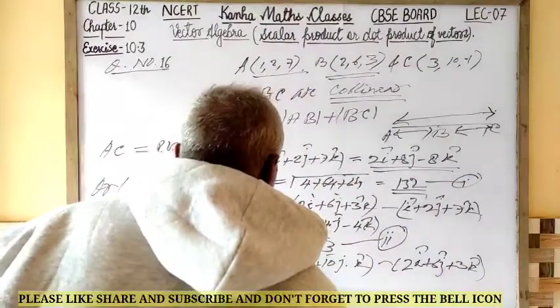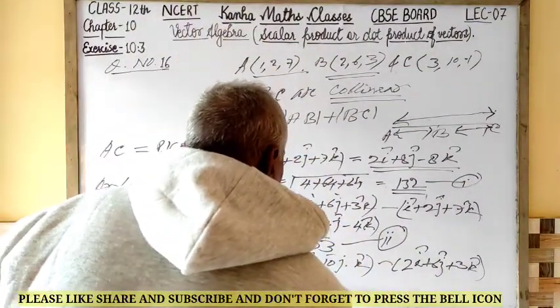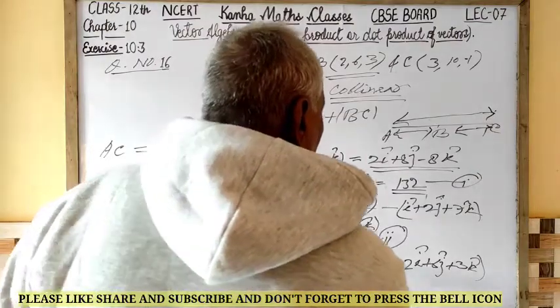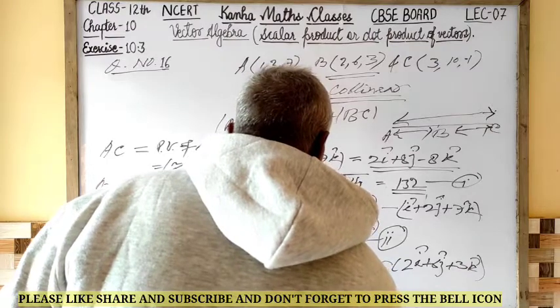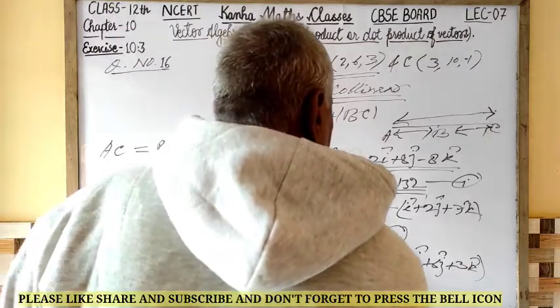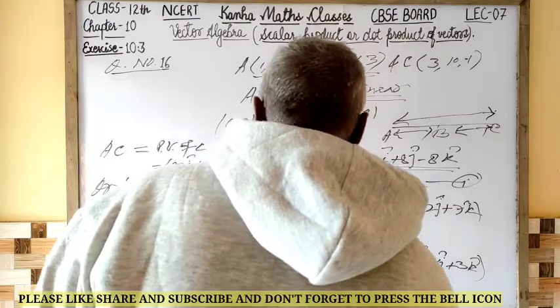This means 3i minus 2i is i, 10j minus 6j is 4j, and minus k minus 3k is minus 4k.